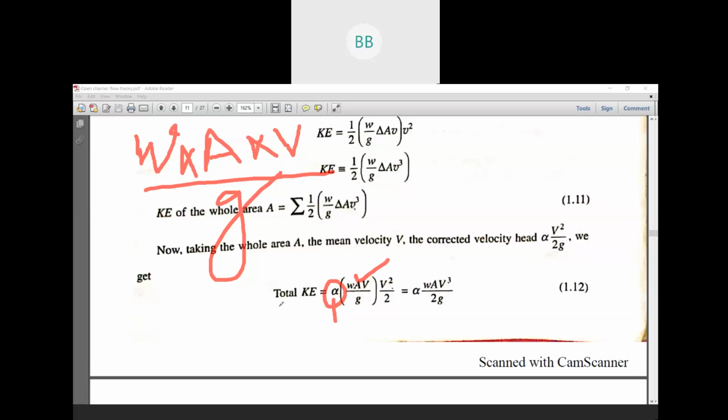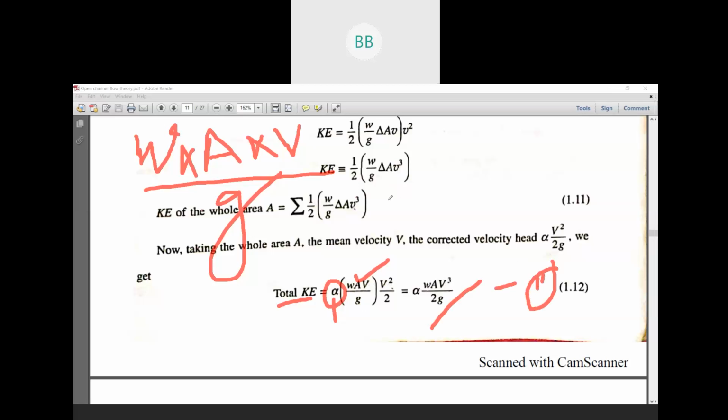Then we are taking kinetic energy, so half is there, divided by 2, and v square. If you further simplify, it will be alpha specific weight area v cube divided by twice g. This is v square and we have another v here, that is why it's v cube.